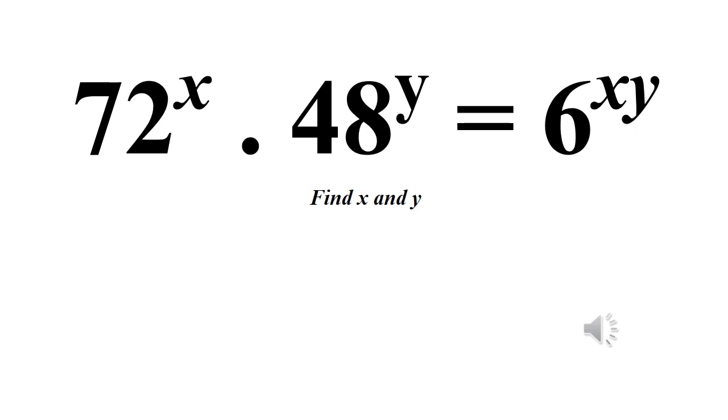Question number 2 says 72 raised to power x times 48 raised to power y equals 6 raised to power xy. We have to find the value of x and y. So the dot here means multiplication.